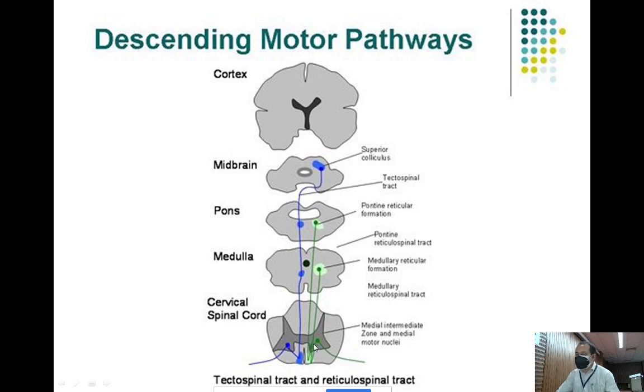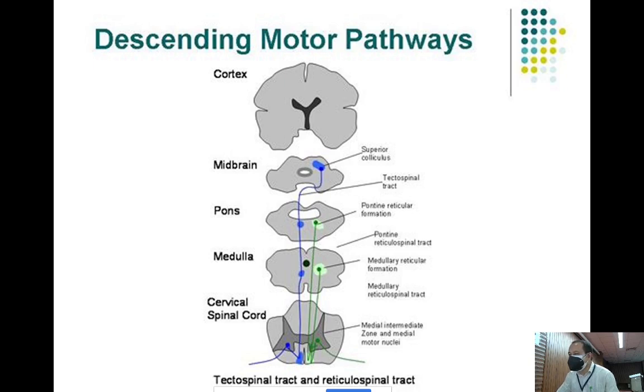Okay, so this is the pathway of the reticulospinal tract, and you just have to remember that the reticulospinal tract is subdivided into two subdivisions.